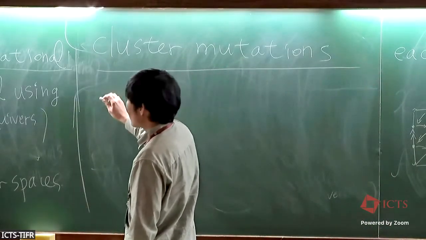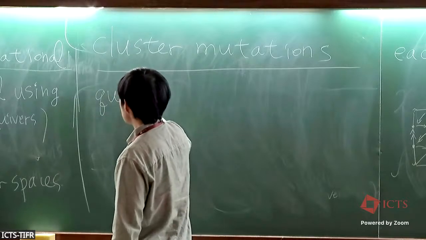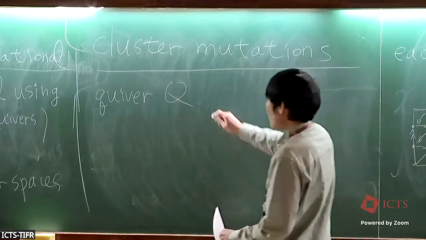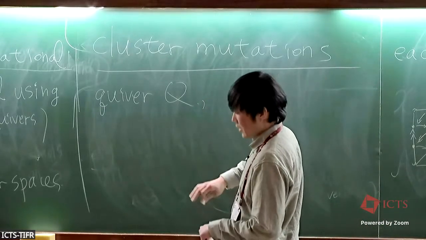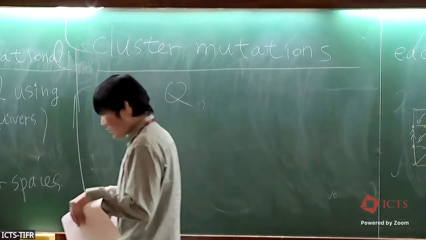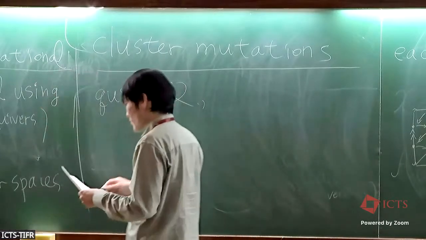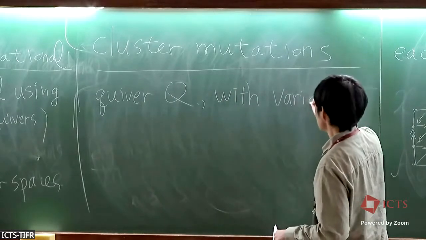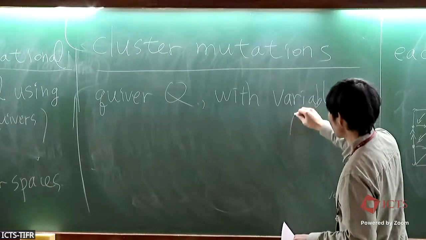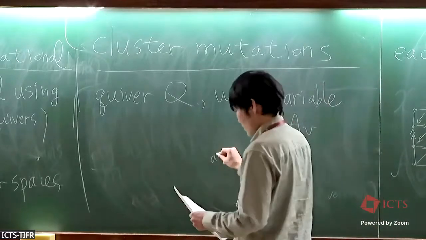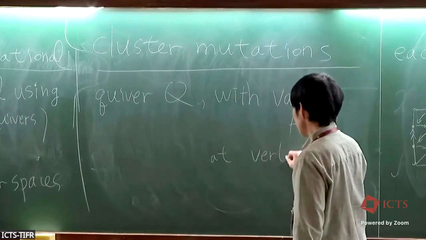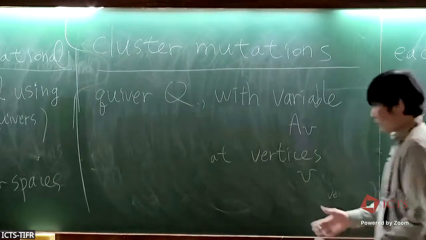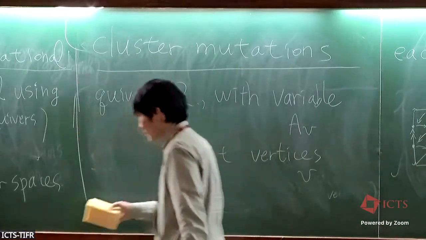So we start from any quiver. So I'll be giving an example. And then not just the quiver, but at each vertex of the quiver, you can imagine you have a coordinate variable attached, some formal variable, let's say A_v, at vertices of the quiver. So let me draw an easy example.